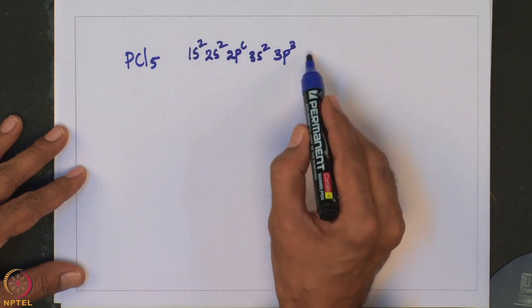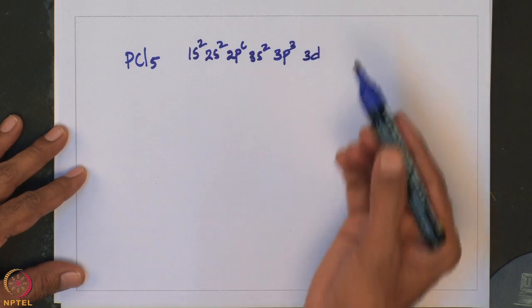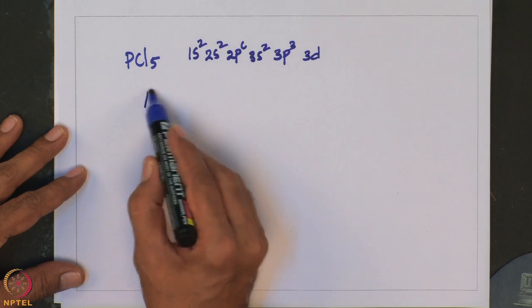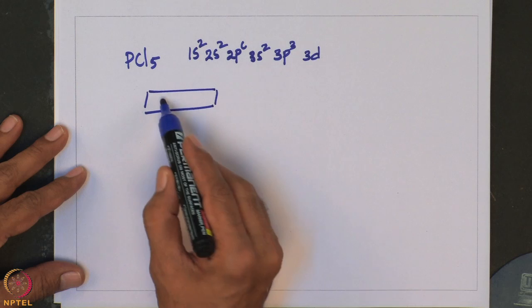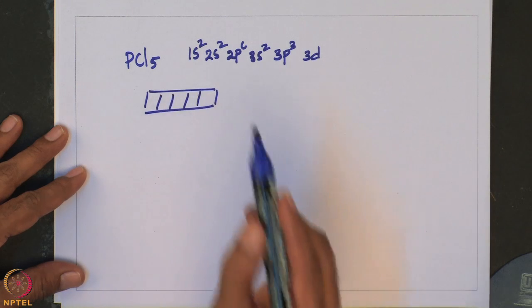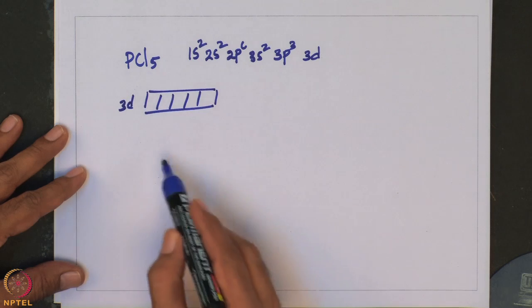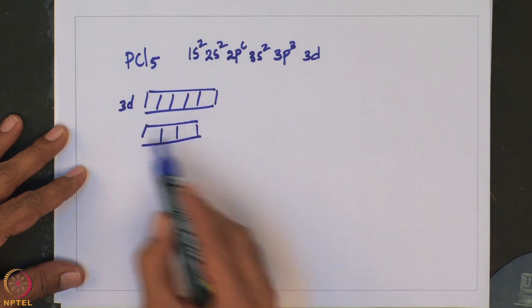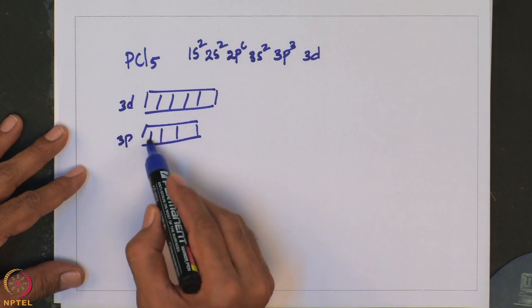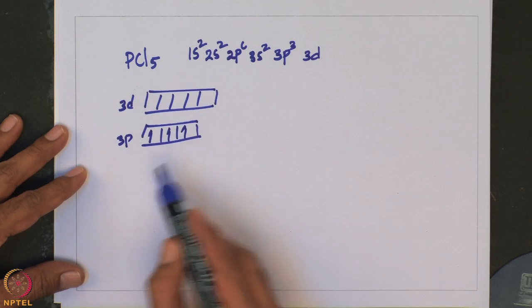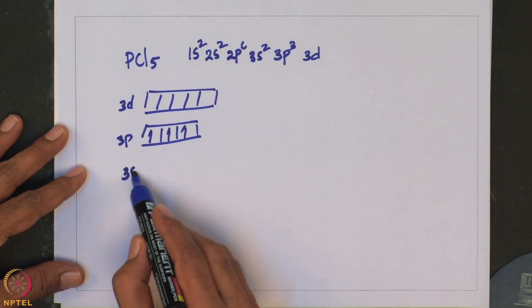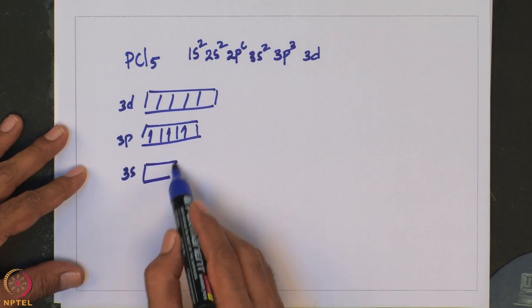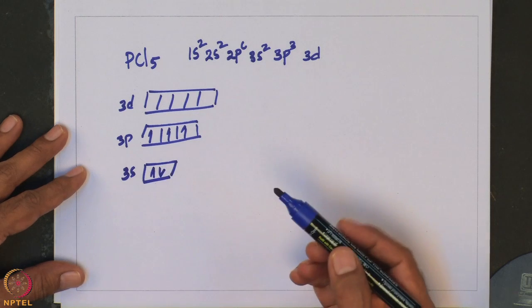Here we have 3d orbitals also, but they are empty. Let me write it in this fashion: empty orbitals of high energy, this is 3d. Next we have 3p orbitals having 1 electron each, and then we have 3s having 2 electrons.